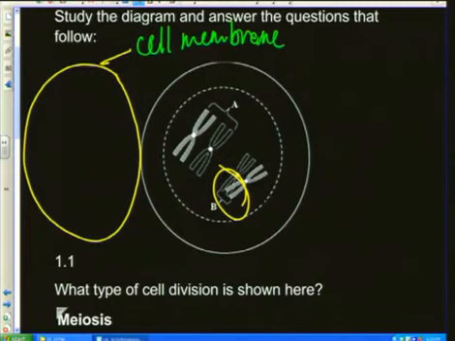Okay? Then we'll take these chromosomes. I'm not going to draw them exactly like they are there. I'm going to draw my own chromosomes, just to show a little bit of difference.